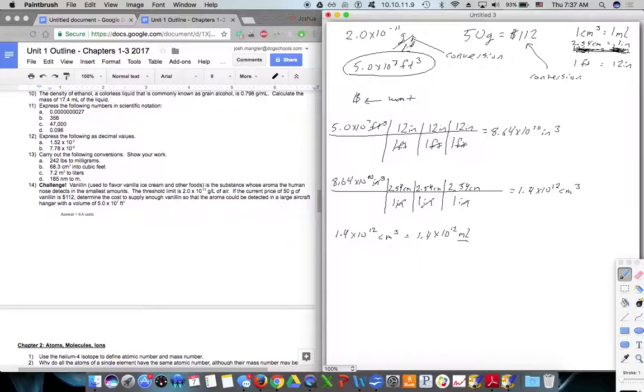Now we're into the same kind of volume that the liters is, and that's what we're going to be using next. So we can go 1.4 times 10 to the 12th milliliters. 1,000 milliliters is 1 liter.